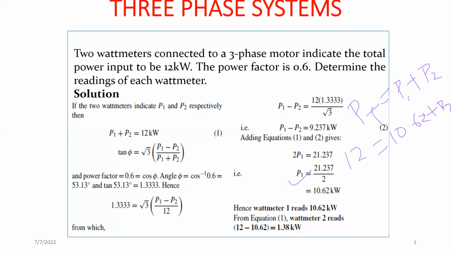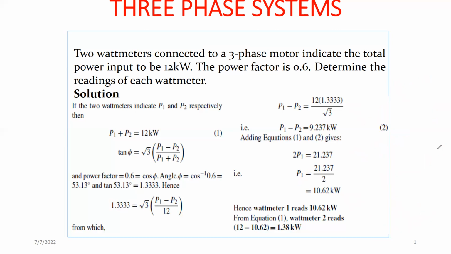So when you bring 10.62 to the left side, you have 12 minus 10.62 equal to P2. When you subtract the two, it gives you 1.38 kilowatts, and that is the power in P2, or in wattmeter 2.